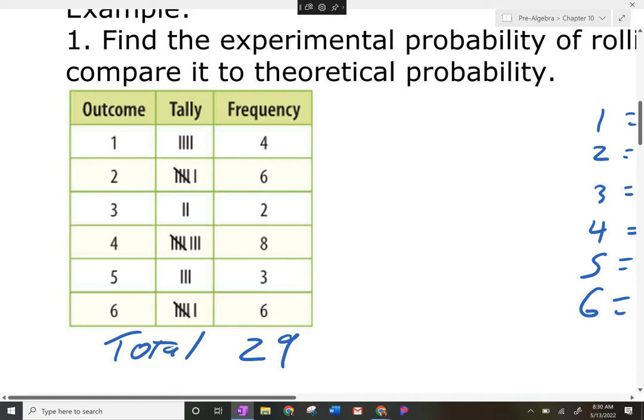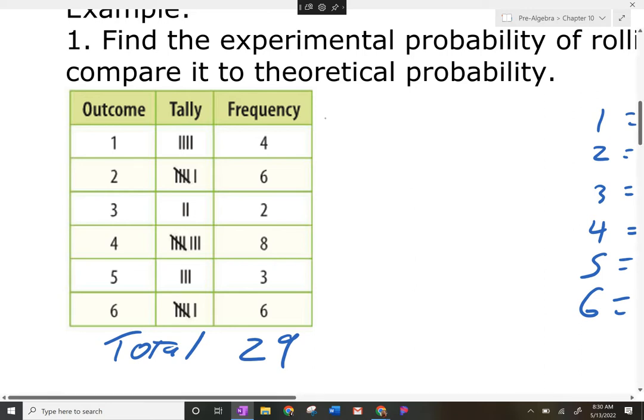Anybody get something different? Okay. So my total number is going to be 29 for my entire thing. So when I make my fractions, that will be my bottom number. All right, so looking at rolling a 1, what was my experimental probability of rolling a 1?